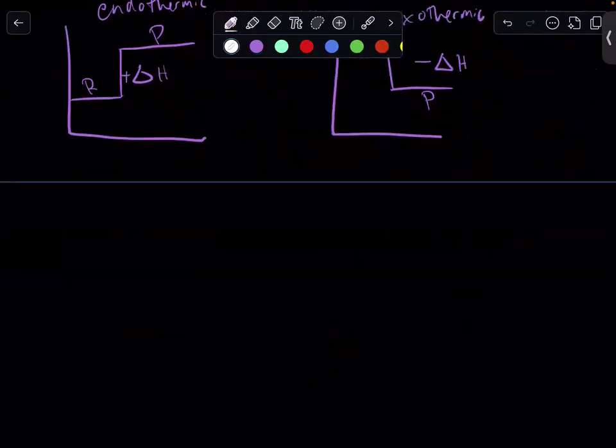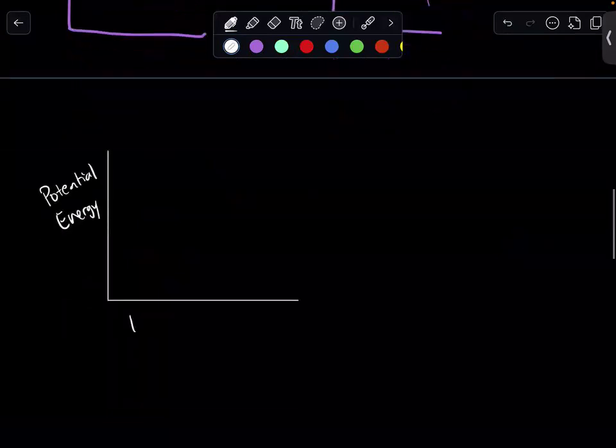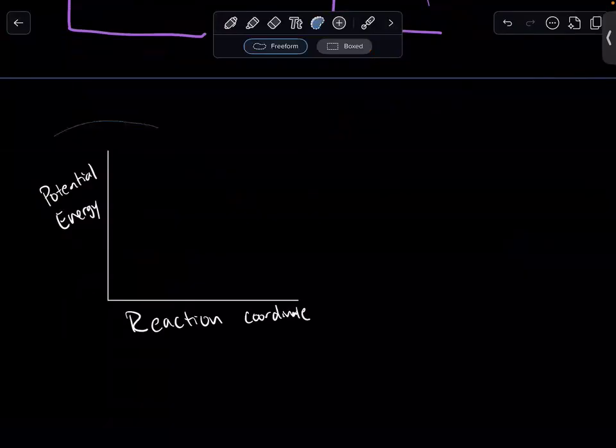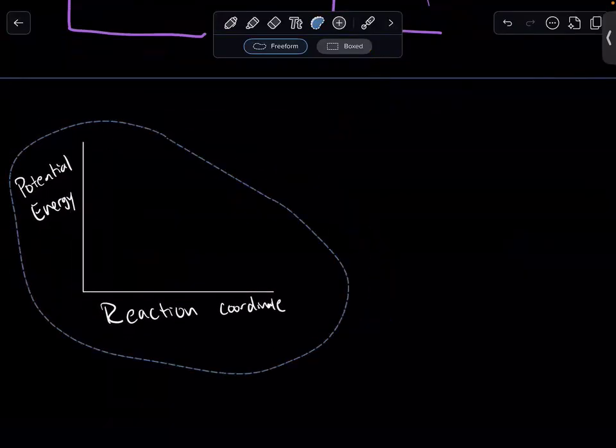So we're going to start looking at real actual energy profile diagrams. I'll try and make these as clean as possible so that if you're copying them down, you can get a better version. So this is our potential energy or chemical potential energy. This is going to be our reaction coordinate. I'll copy this because we're going to do one for endothermic and one for exothermic.